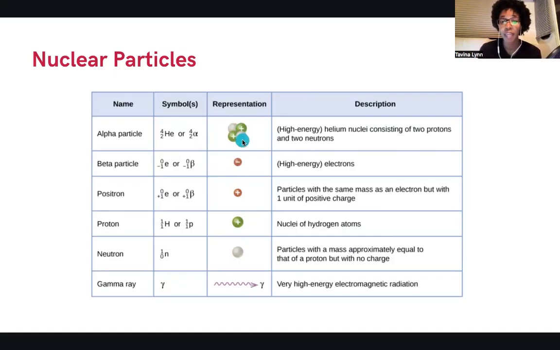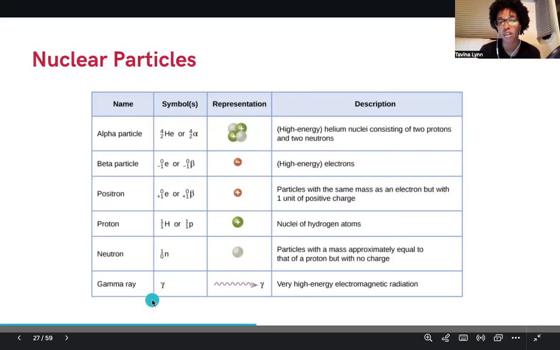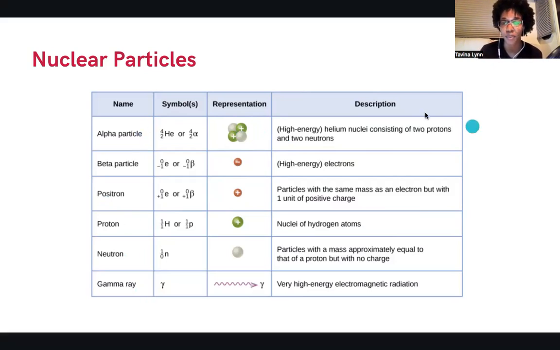So, play. Can you think of another way to represent it? This is the representation that's presented to you, but maybe you have a better representation that will work for you to represent an alpha particle. So maybe once you read that section, you can say, all right, I'm going to draw my own representation of all the particles. This is why I make y'all draw things.